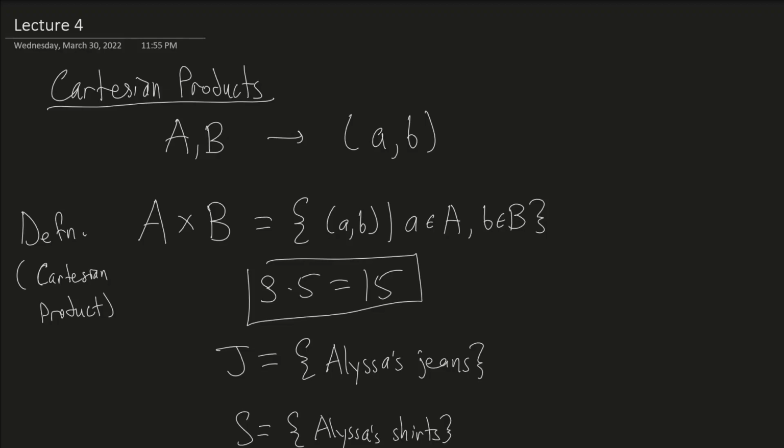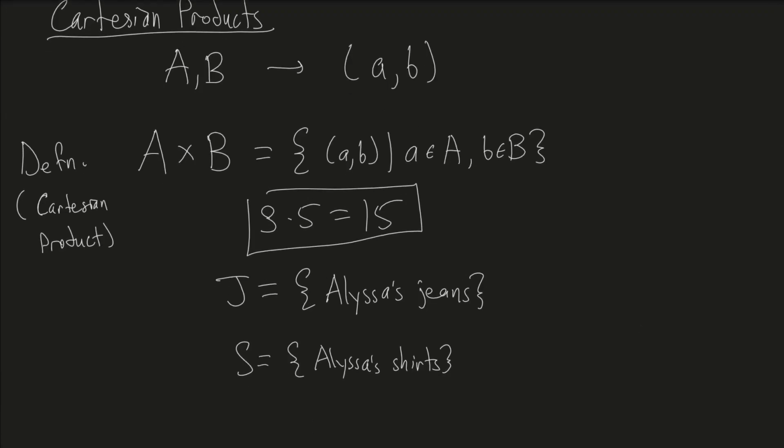Well, if I think about the unique outfits that could be made from this, what the question wants me to think about is the set of ordered pairs of jeans and shirts, right? And each of those ordered pairs corresponds to a unique outfit.